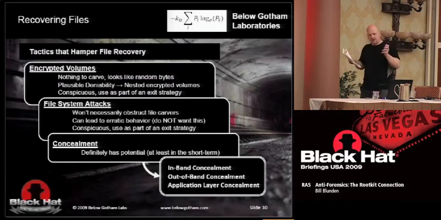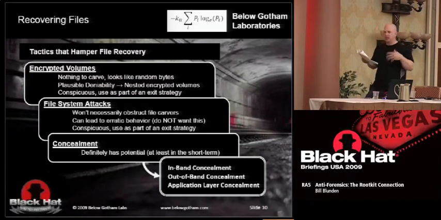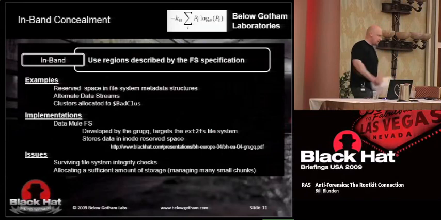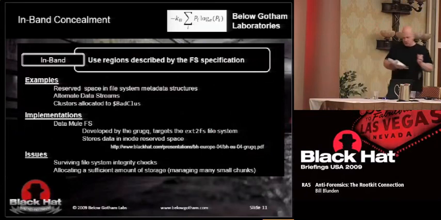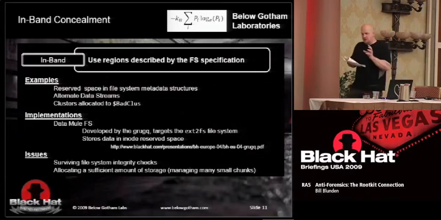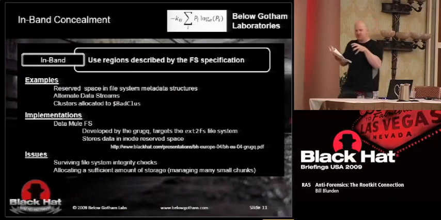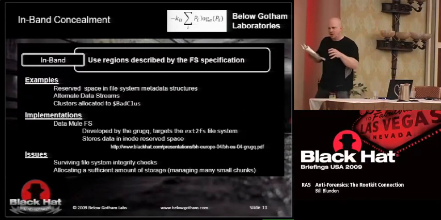You can use in-band concealment, out-of-band concealment, or application level concealment. So with in-band, you're using spaces which are described by the file system itself. You're finding little nooks and crannies that are specified by the file system specification.